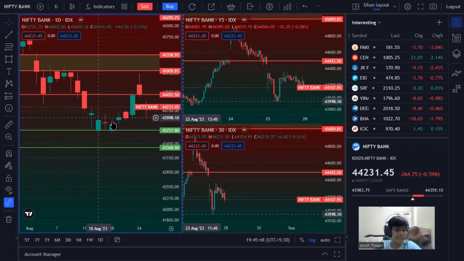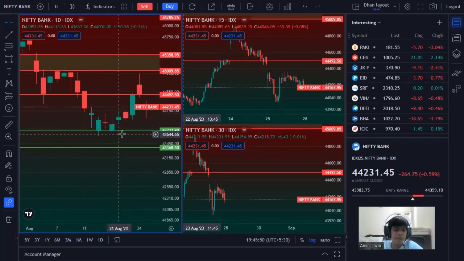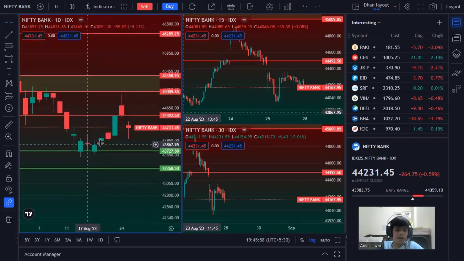I wouldn't say exactly, but in markets you have to do a little bit of estimation. So you can round it off and it will be nearby the half point, after which a green candle was formed, which is the actual confirmation.